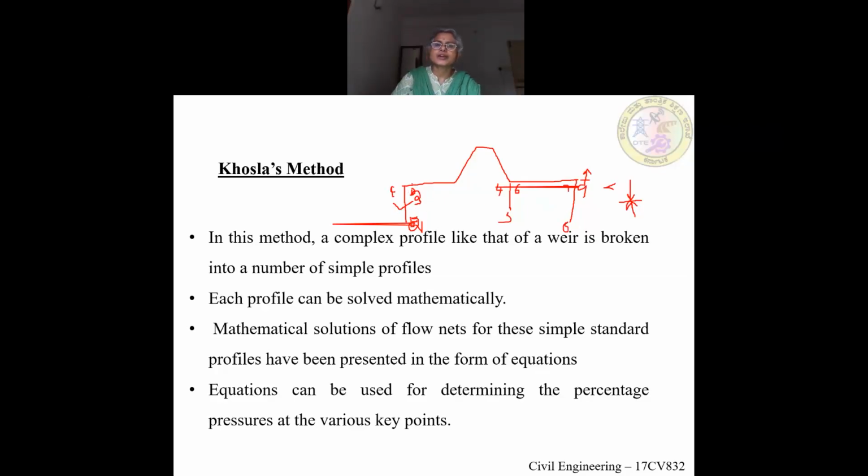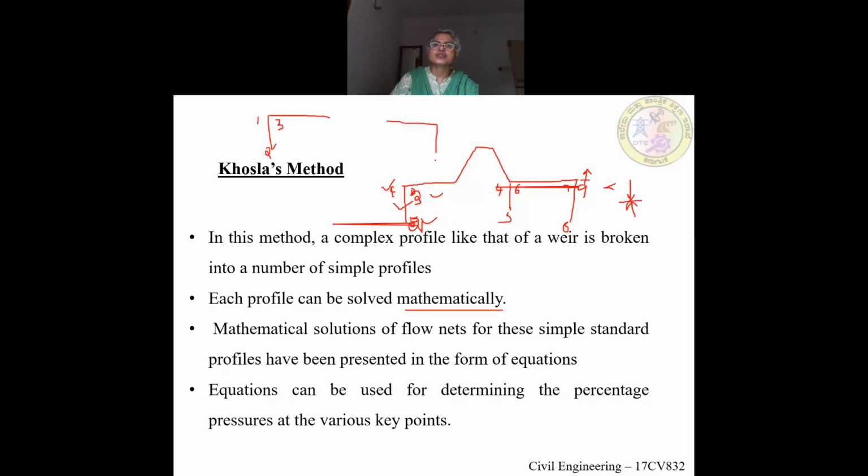He takes the key points at different simple profiles and determines the pressures by dividing it into simple profiles. Each profile can be solved mathematically. So one profile is taken, and then the pressures at 1, 2, and 3 are determined.